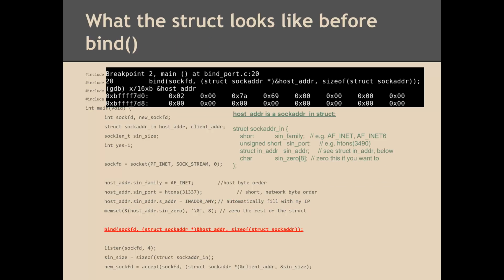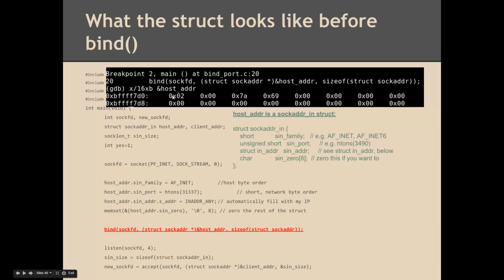So that has to be set up, and obviously the memset got overlooked because all it's doing is zeroing out the other fields, which is the rest of the struct.